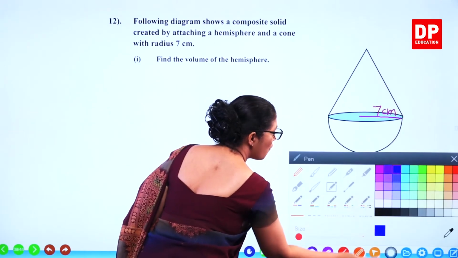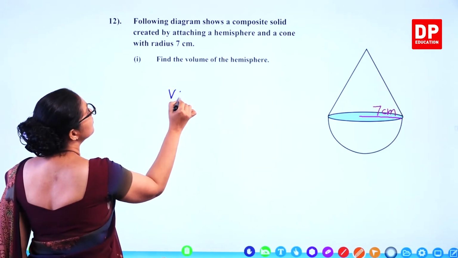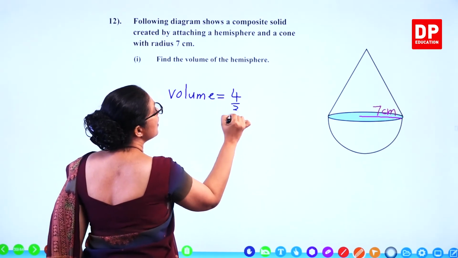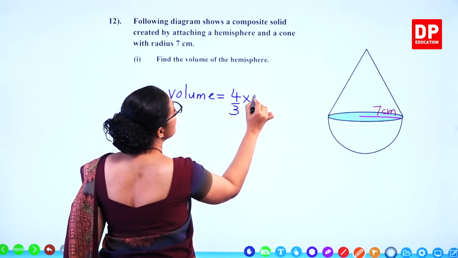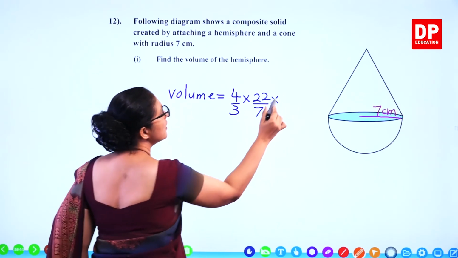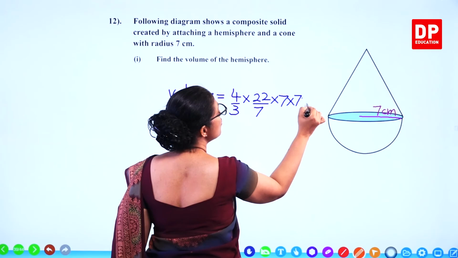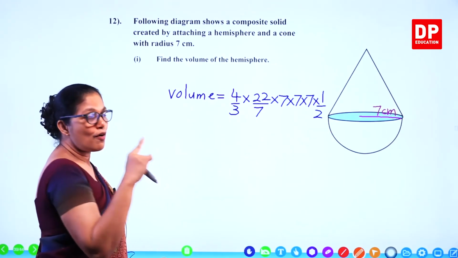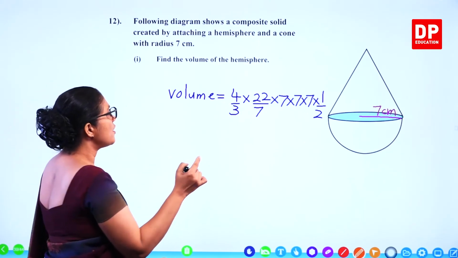Volume is 4 over 3 pi, 22 over 7 r cube, 7 into 7 into 7, and this is hemisphere. You have to divide by 2. Find the volume of sphere, divide by 2.